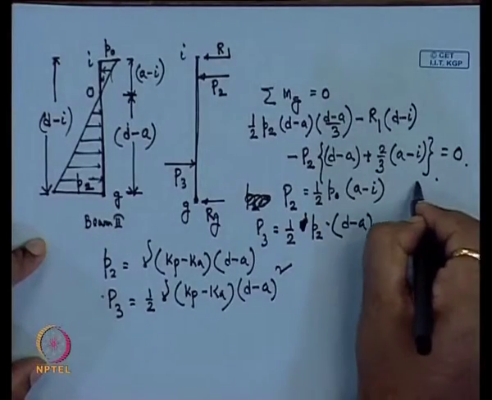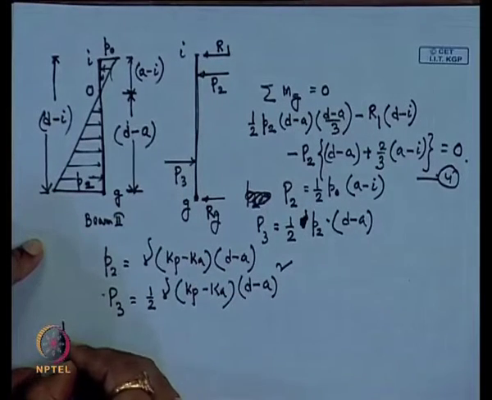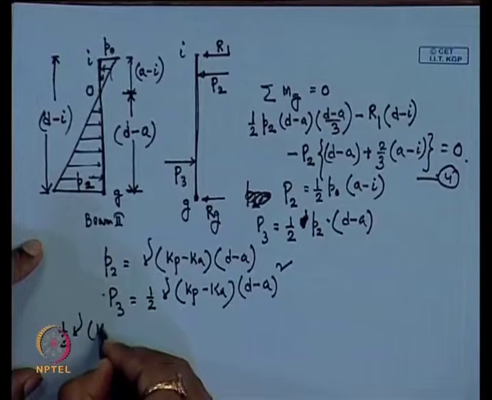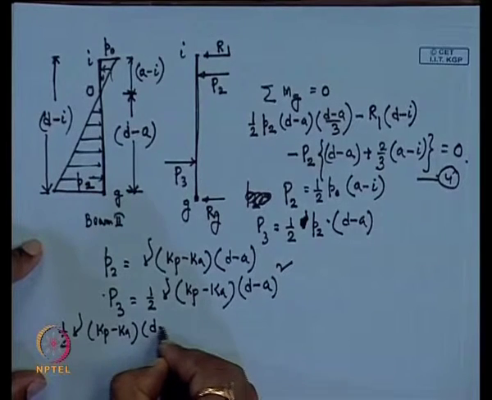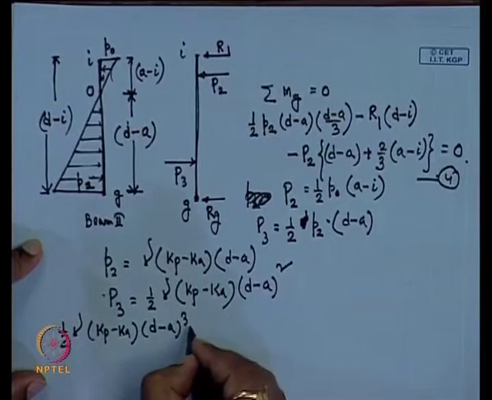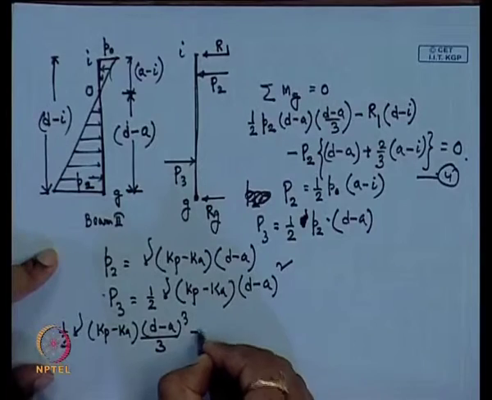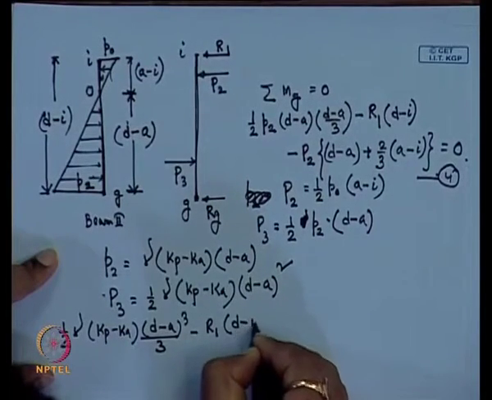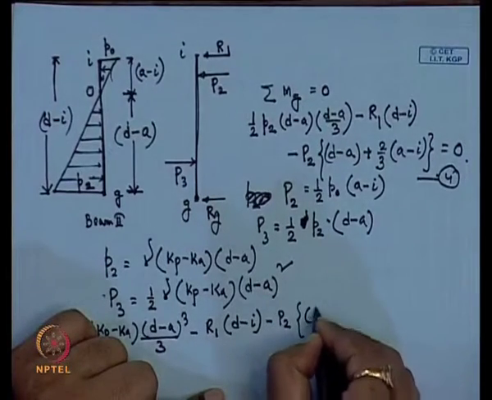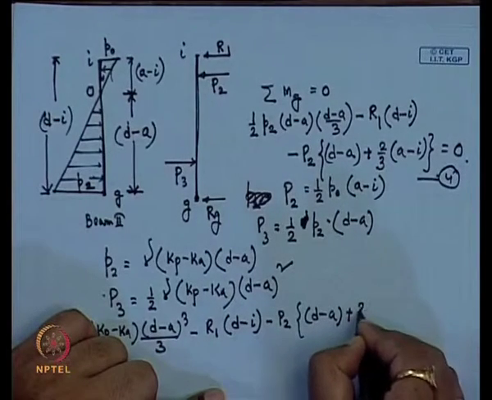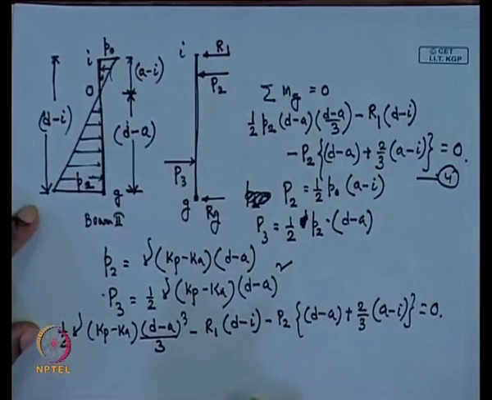So, in the previous expression number 4, if I put this value in expression 4, then this value is half into gamma into K p minus K into D minus A to the power 3 divided by 3, minus R 1 into D minus I, minus P 2 into D minus A plus 2/3 of A minus I. So, that is equal to 0.